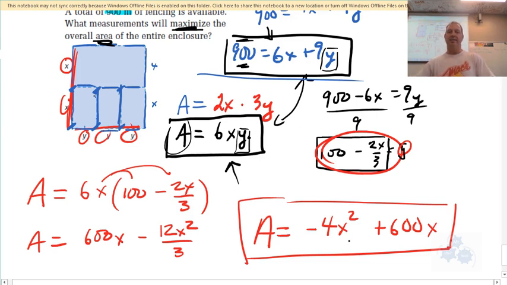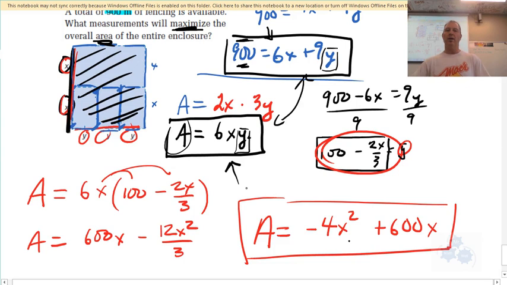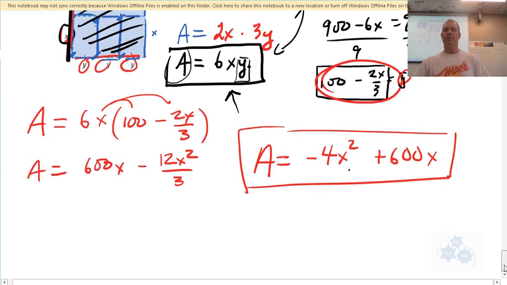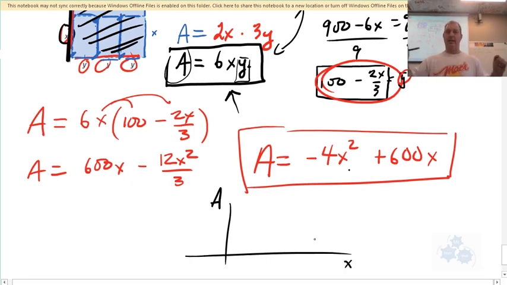The x is going to be part of the one dimension of the triangle, and the A is the area, right? So if I want to maximize area, what I'm going to do is find out the maximum value of this graph. The area is going to be the y-axis, and the x is going to be the x-axis. And I want to graph this parabola, or find the vertex of this parabola.